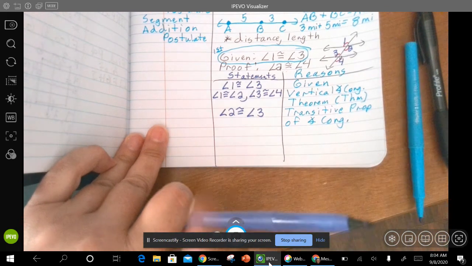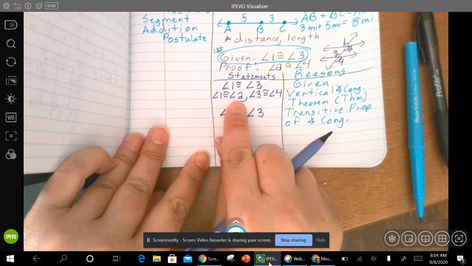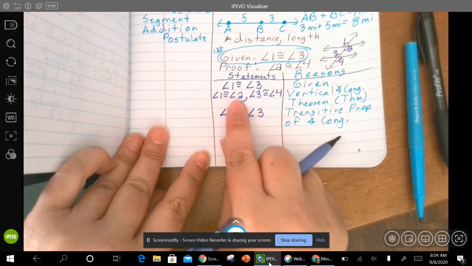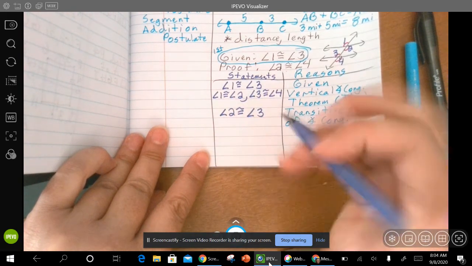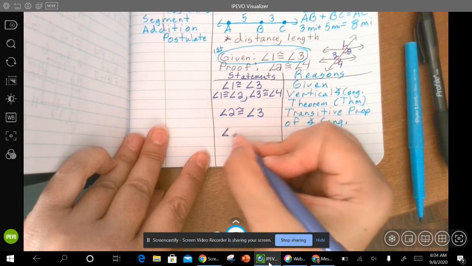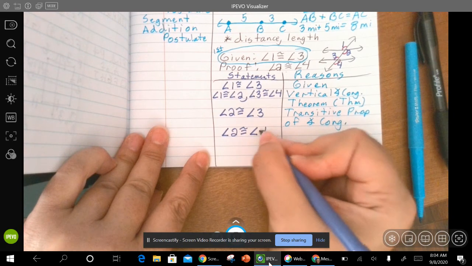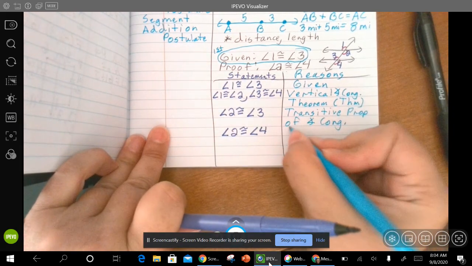So since angle 1 is congruent to angle 2, and angle 3 is congruent to angle 4, and angle 2 is congruent to angle 3, that means that angle 2 is also congruent to angle 4. Okay, so that's by our transitive property.